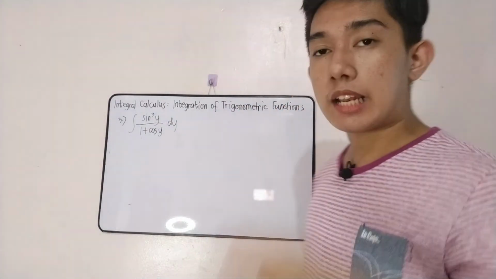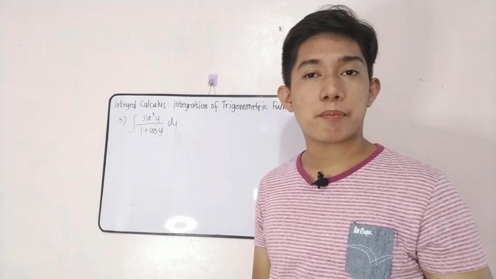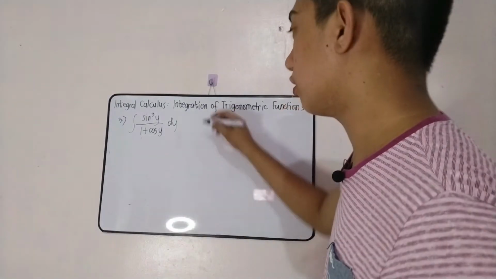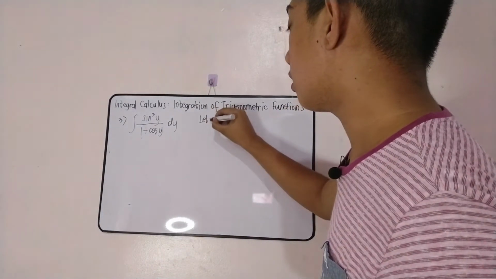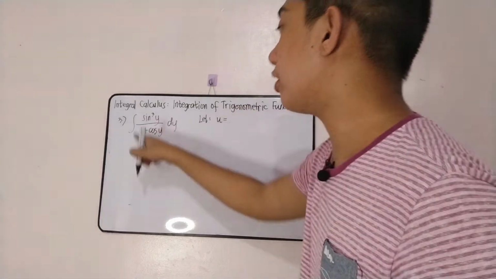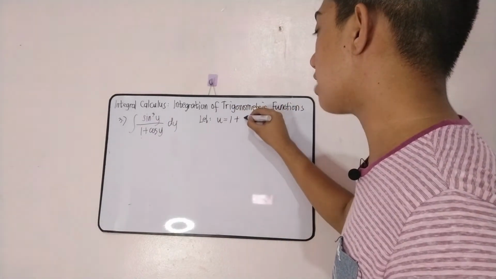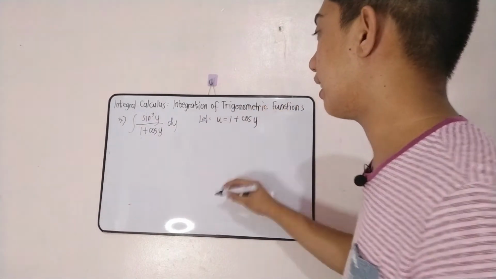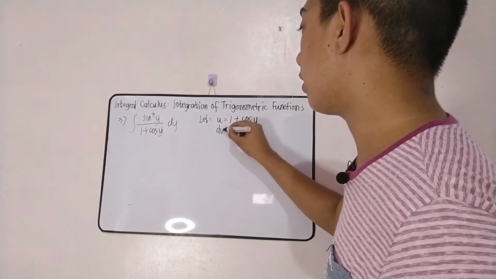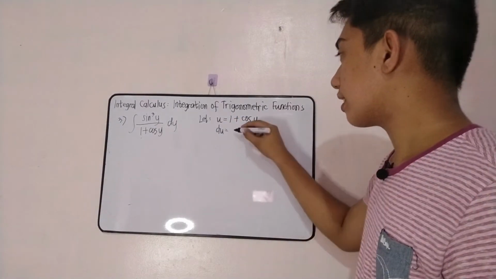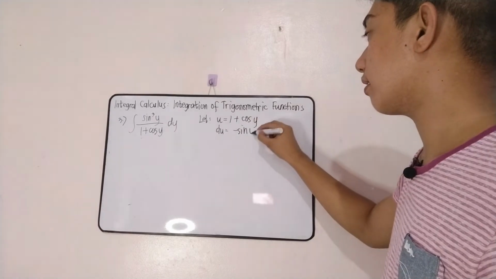So, still, para hindi tayo mahirapan, we will use the u substitution. So, let u is equal to yung binomial para mas madali, so 1 plus cosine y. And our du here is negative sine y dy.